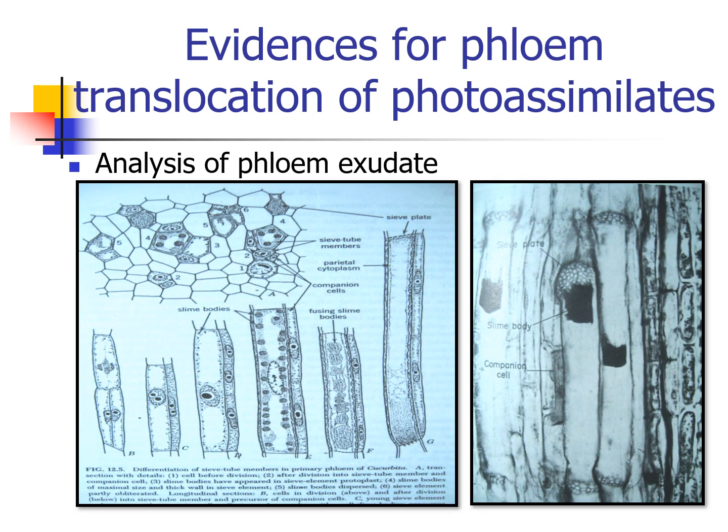An analysis of phloem exudate provides more direct evidence in support of the conclusion that photoassimilates are translocated through the phloem. Unfortunately, phloem tissue does not lend itself to analysis as easily as xylem tissue does.